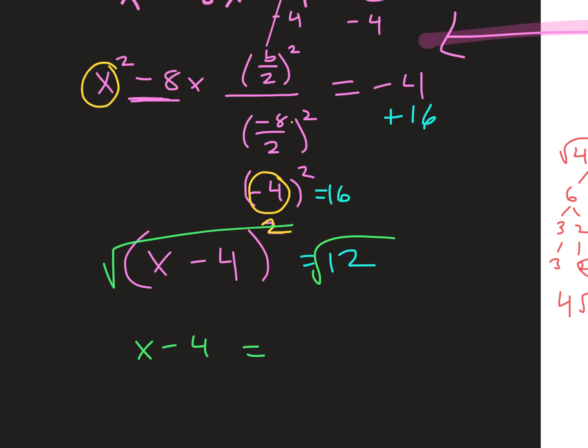Is it just square root of 12? You get 2 times the square root of 3. Perfect, because you simplified this to 4 and 3 and 2 and 2.